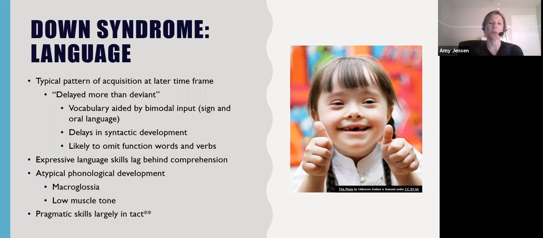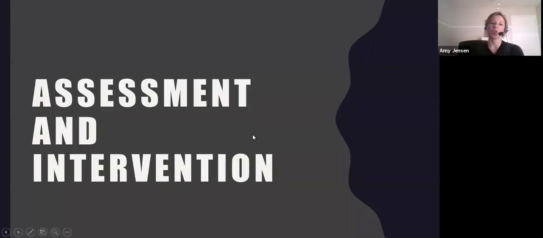And you'll hear the mom cue him or praise him for keeping his tongue in his mouth. And the second one is really cute. It's a pair of brothers, Griffin and Turner, I believe, and it's just a little sample of language between a boy with Down syndrome and his brother. It's really cute.